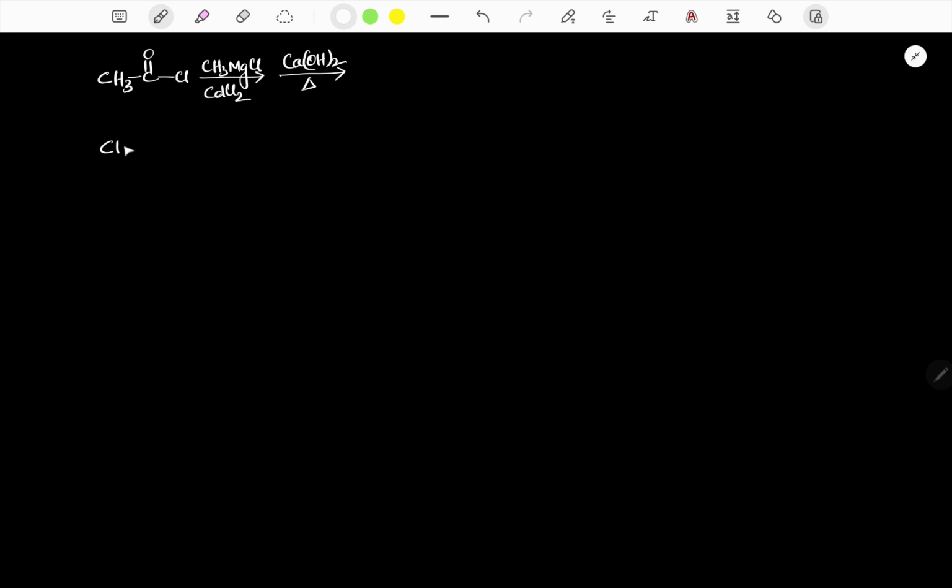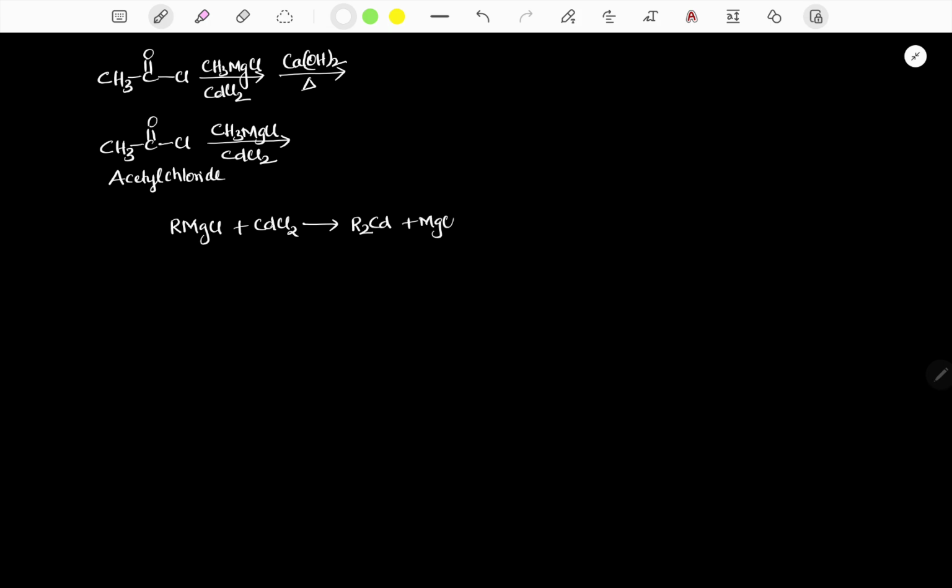The reactant acetyl chloride, CH3C=O-Cl. It is called acetyl chloride. Acetyl chloride treated with Grignard reagent in the presence of CdCl2. First we should know this: RMgCl plus CdCl2, these two react and produce R2Cd plus MgCl2.